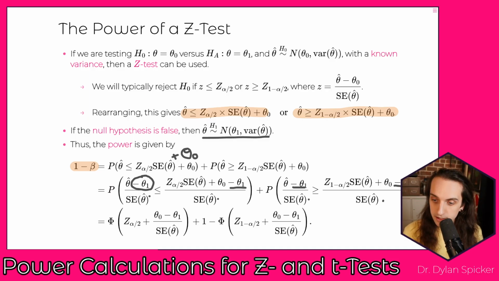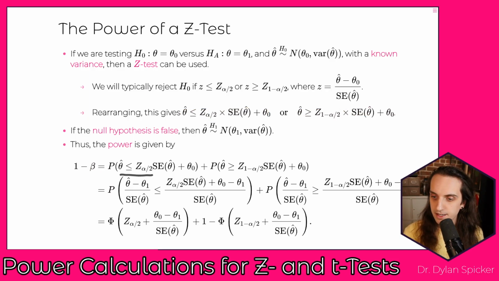Right? Once we're here, well, then we know that this term on the left-hand side here is going to be a standard normal. Same thing with this. And so these ultimately become normal-based probabilities, and we can express this in terms of phi. So it's going to be phi of our left-hand side here, or of the right-hand side, sorry, plus 1 minus phi of the right-hand side.